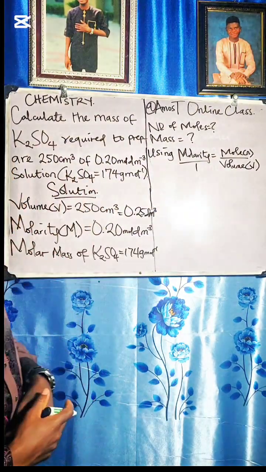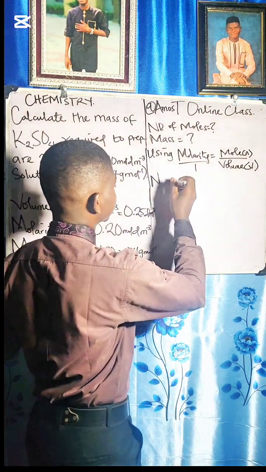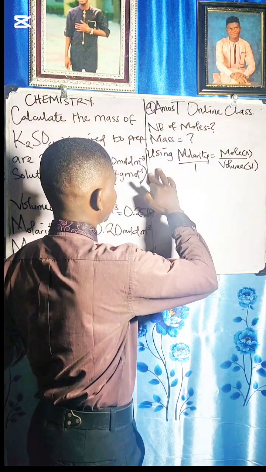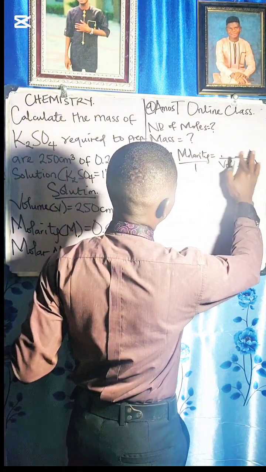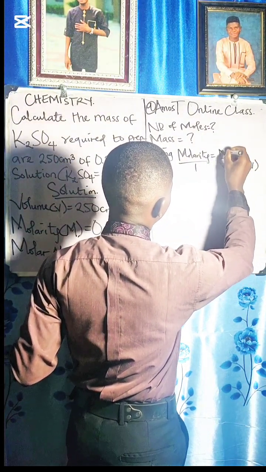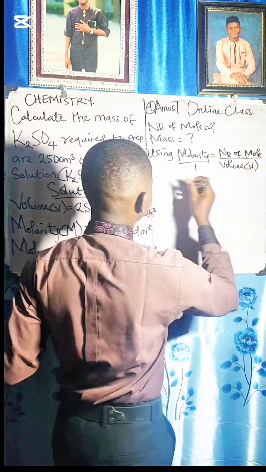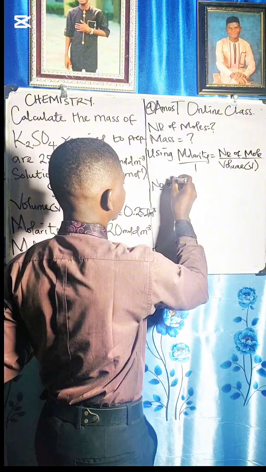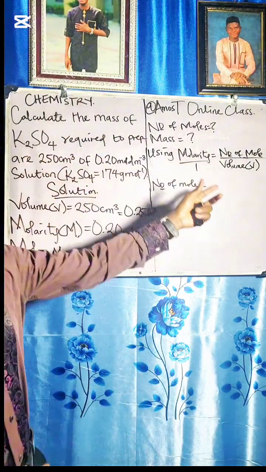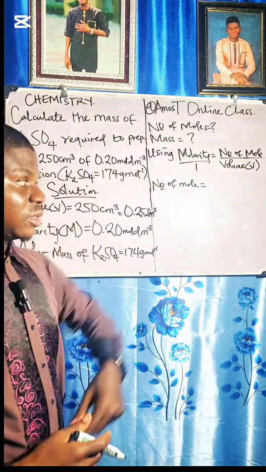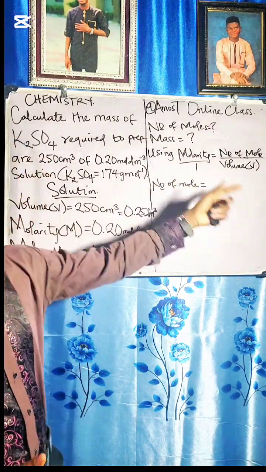By cross multiplication, the number of moles will be equal to molarity multiplied by volume, the molar concentration times volume.